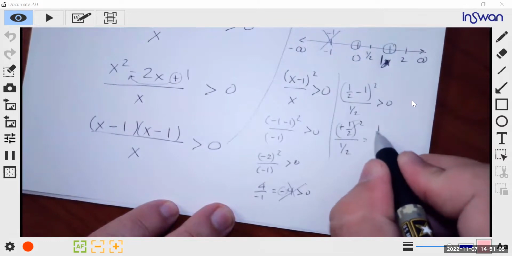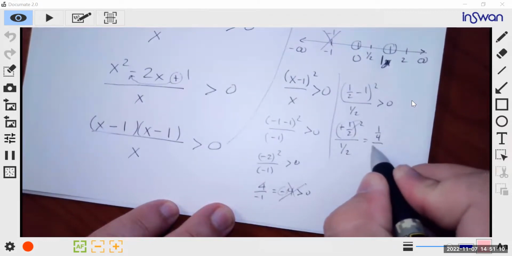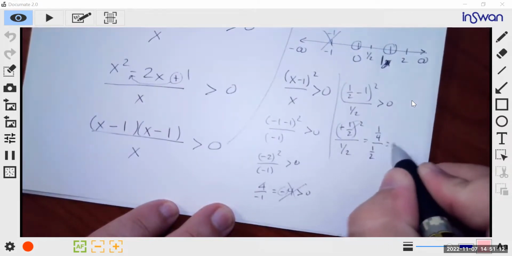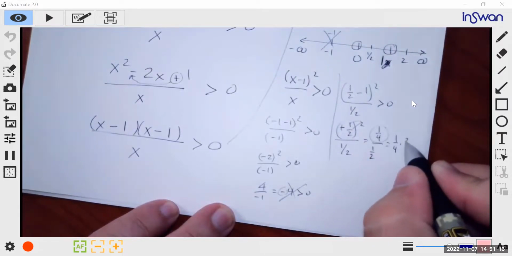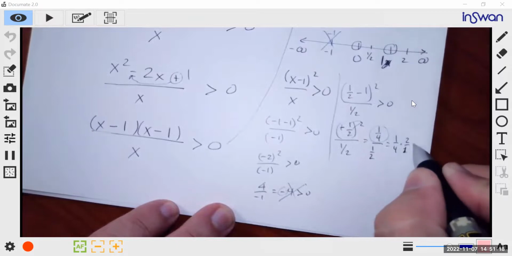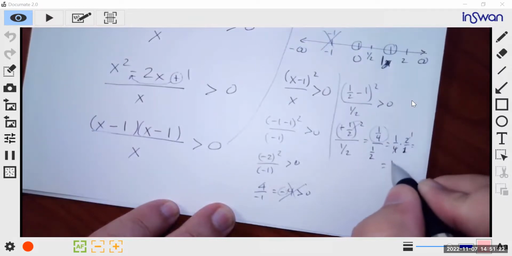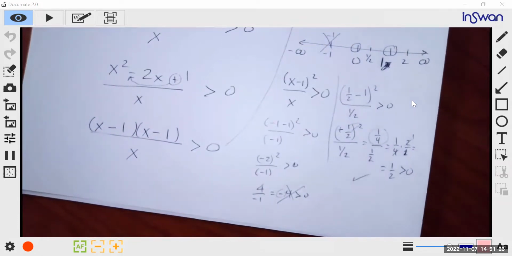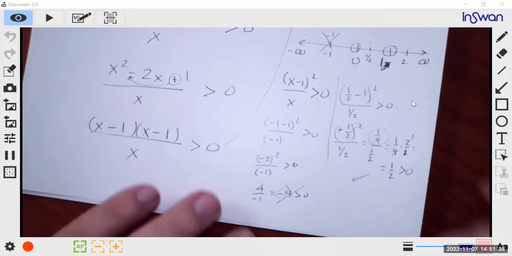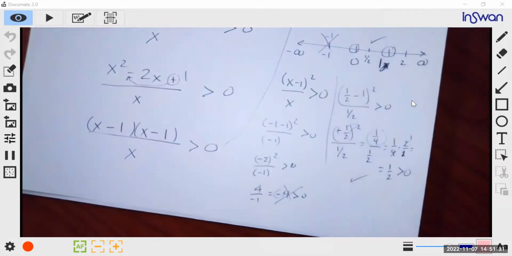So it's 1/4 divided by 1/2. Leave the top one alone, flip the bottom. And cancel. So equals positive 1/2, and that's greater than 0. So that works. So we can use that.